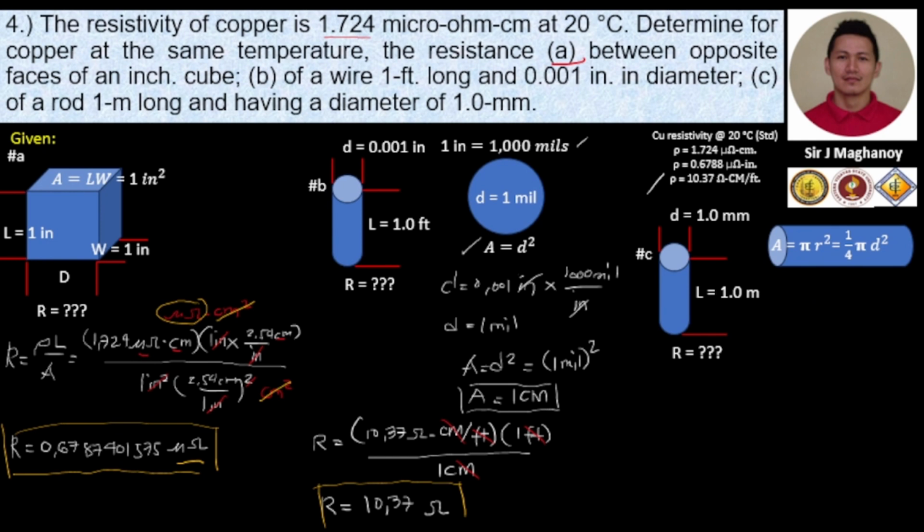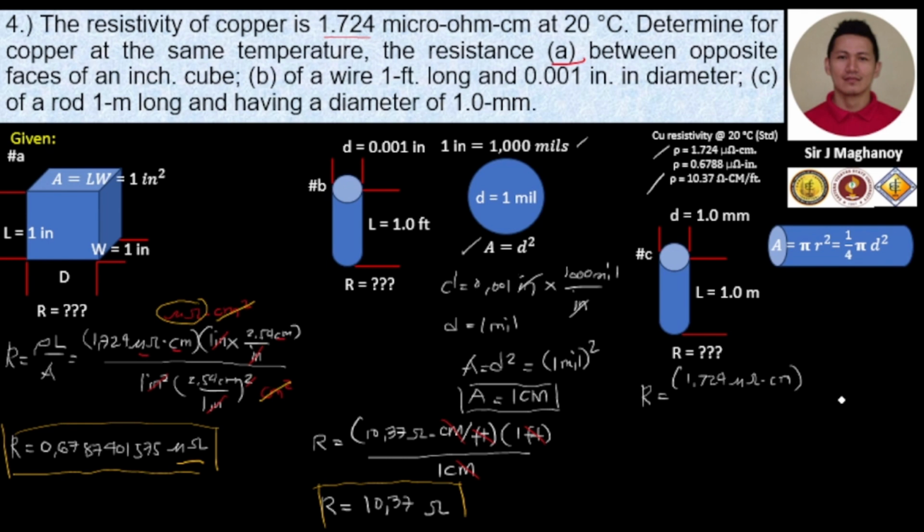So solving for your R, using our same resistivity, the resistivity of 1.724 micro-ohm centimeter.